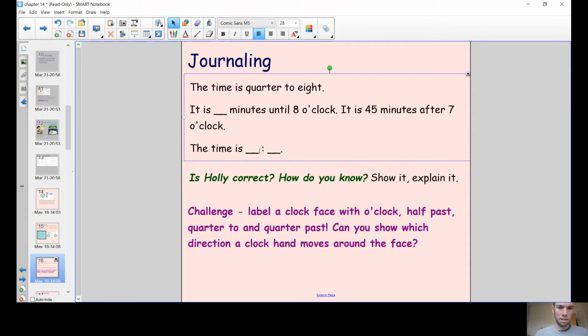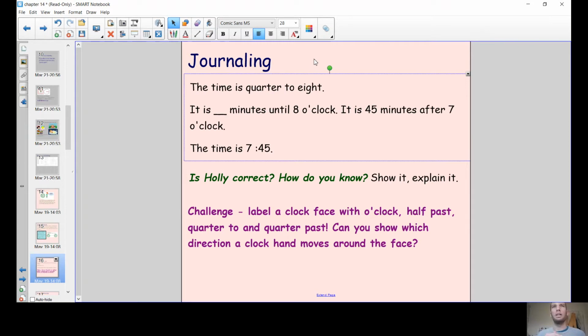The time is 7:45. Now, how about this one? It is something minutes until 8 o'clock. Wow. We had one quarter left, 7:45. So a quarter of our clock is 3 numbers.